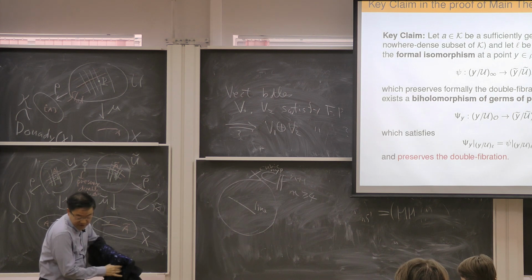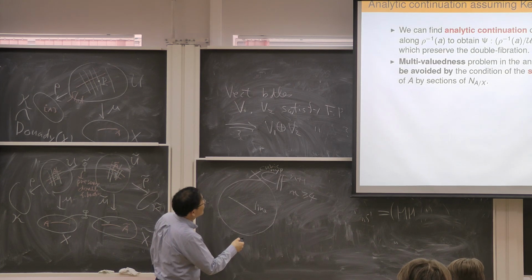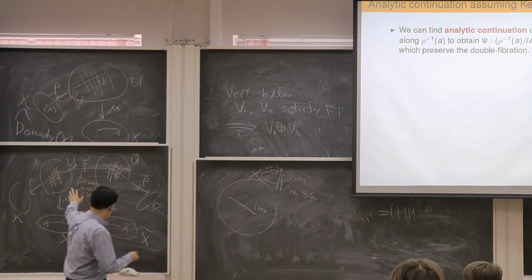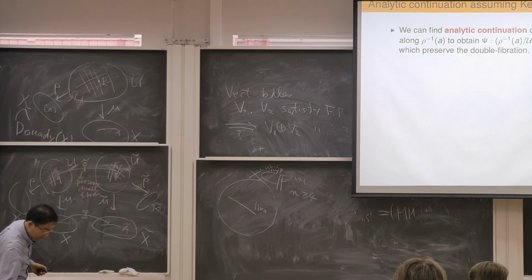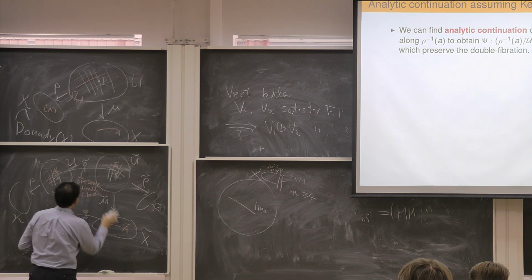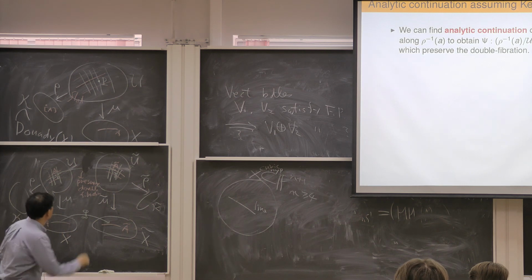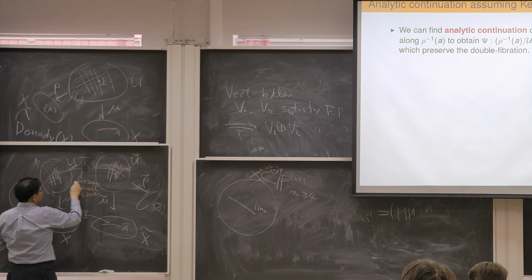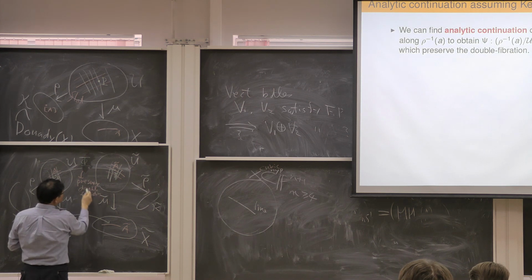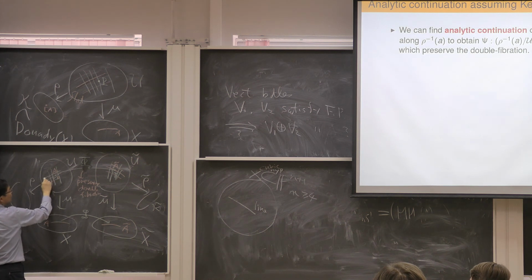Now, once you have this key claim, once this becomes biholomorphic and preserves the double fibration, then you can analytically continue it in a neighborhood.